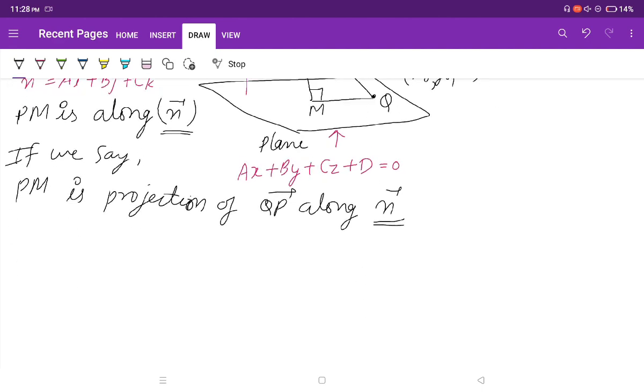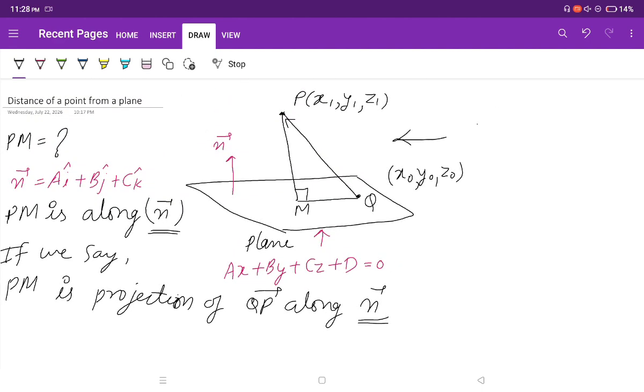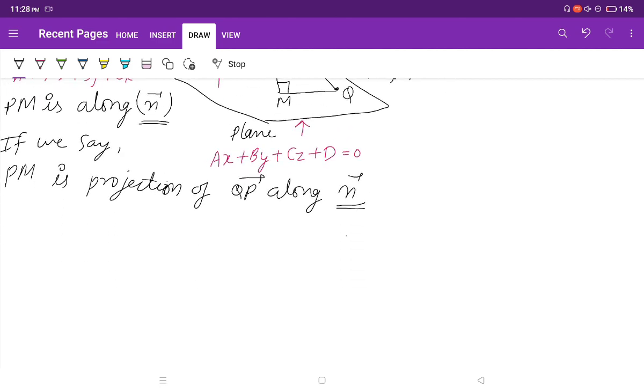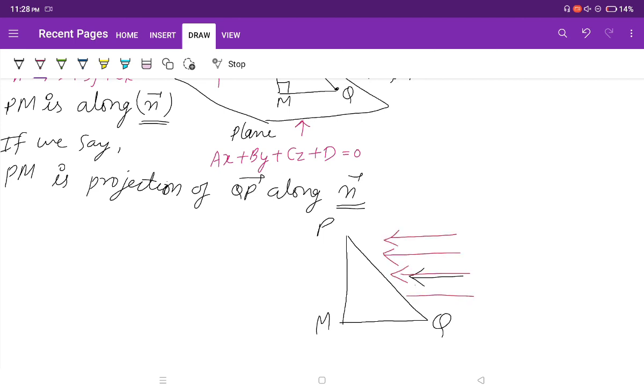So what do we see here? If we see this view, we have P, we have M, we have Q. If we incident light here, we will see this PQ projected over here, exactly the same, and this will be equal to PM.